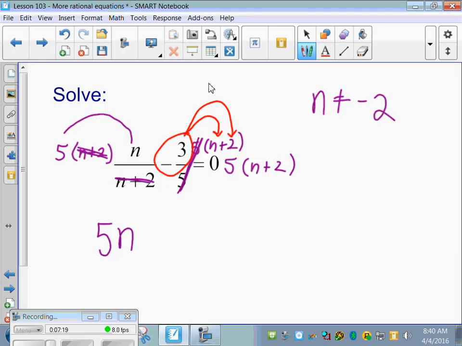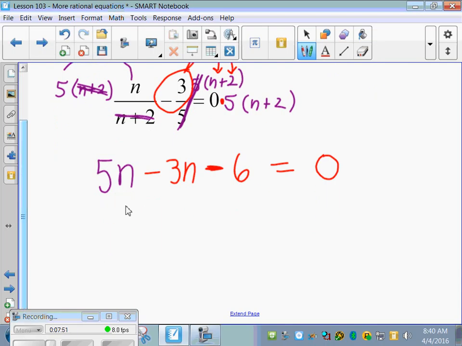The negative 3 is also distributing over here. So, Jackie, what do you think I get when I distribute the negative 3? Nice. So many people have a plus 6 here, you guys, because they forget that negative goes with it. So distribute that negative 3. And on the right-hand side, Sophia, 0 times anything is 0. You still just get 0.